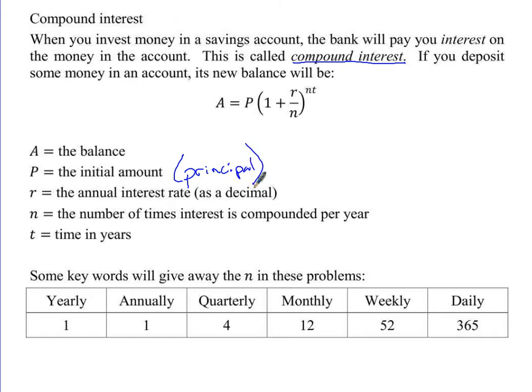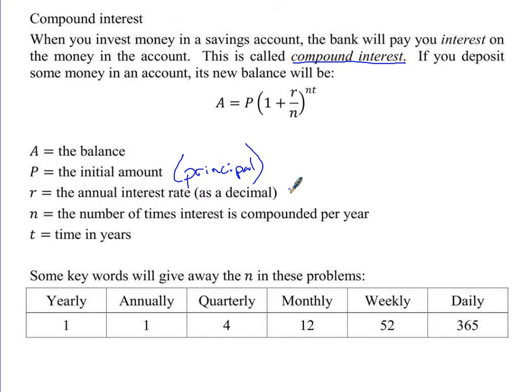Not like the principal of the school. The principal in money means the amount of money that you have deposited, the initial amount. Then in the parentheses we have 1, don't need to explain that one, plus R. R stands for rate.